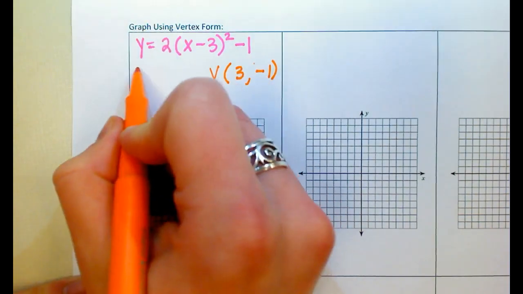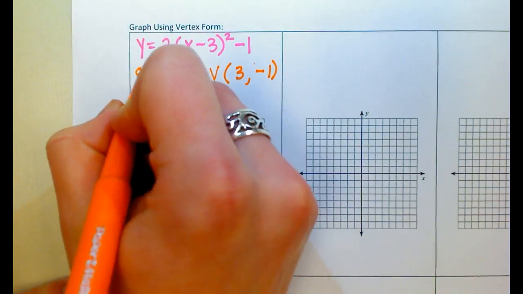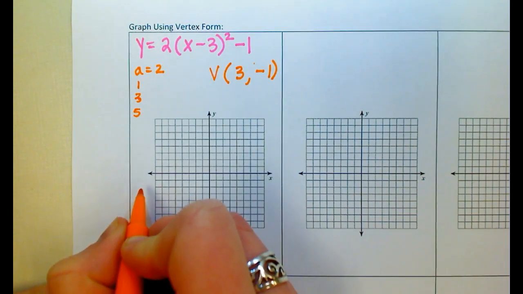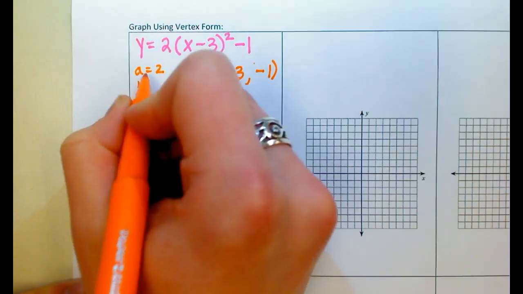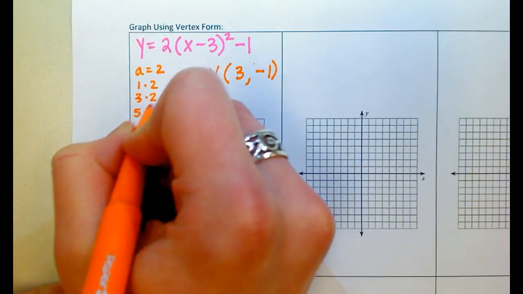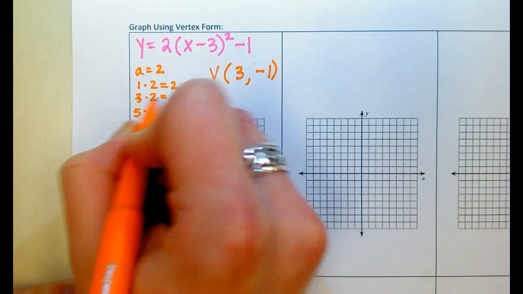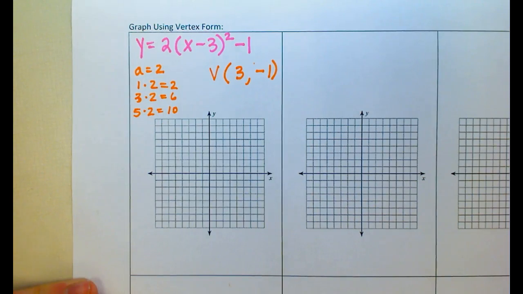My a value is equal to 2. So the next thing I'm going to do is set up my 1, 3, 5 pattern and see how I'm going to move the points after the vertex. So I'm going to multiply by my a. 1 times 2 is 2. 3 times 2 is 6. 5 times 2 is 10.